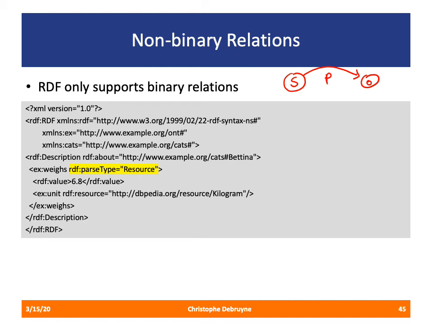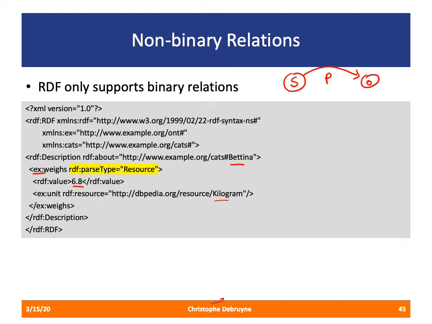Well, that's not possible unless we consider that property to be a resource. Now, here's an example. I want to represent Bettina's weight as a combination of a value and a unit. So here I have my description of Bettina. I state that she weighs 6.8 as a value, kilograms as a unit.